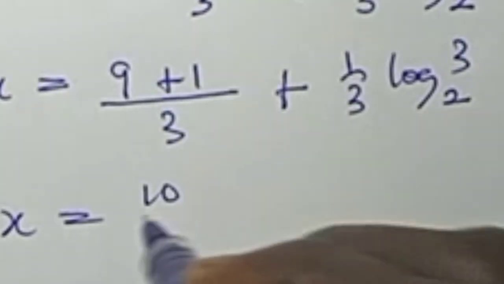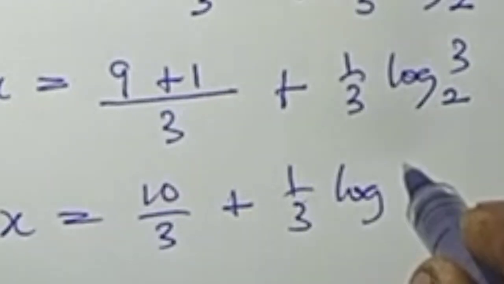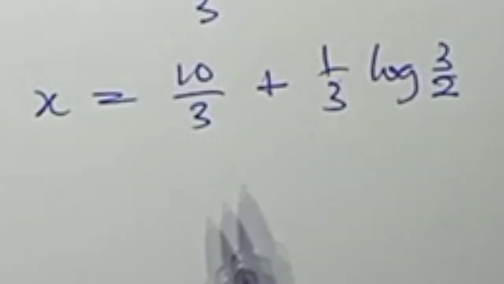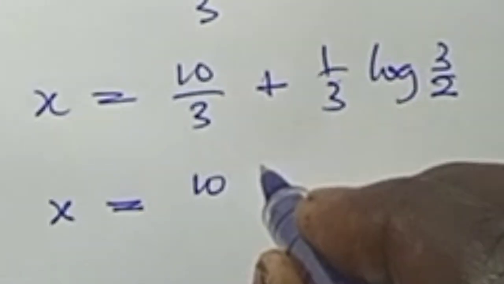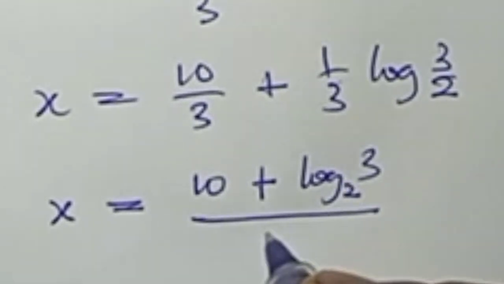So x equals 10 over 3 plus 1 over 3 log 3 base 2. Since the denominator is the same, the final answer for x is 10 plus log 3 base 2, all over 3.